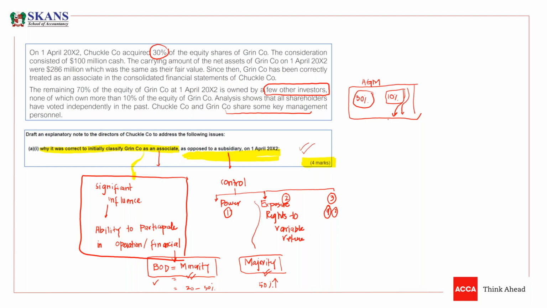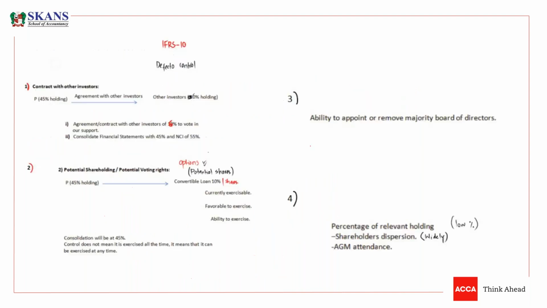Okay. Now, let me revise the topic, de facto control, and then we will come again here to understand whether we have control or not. So let's understand the concept of control, even if we don't have 50%.